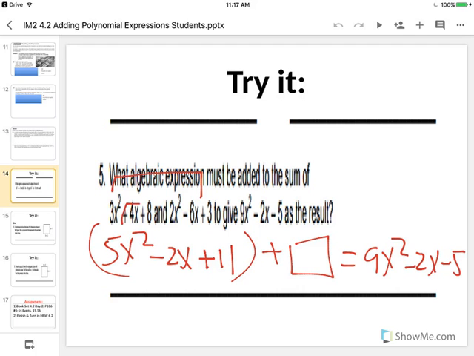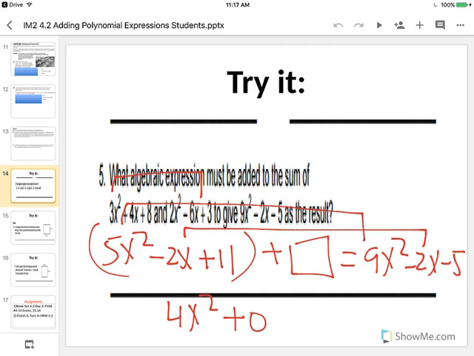To get there we need to add 4x squared, and for the x term we go from negative 2x to 2x, so we need to add 4x. And we need to go from 11 to negative 5, so that gives us negative 16. So the expression we need is 4x squared plus 4x minus 16.